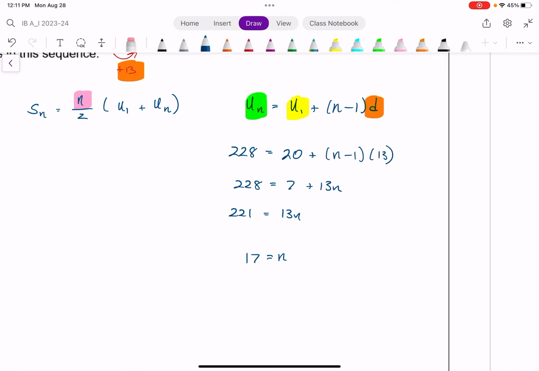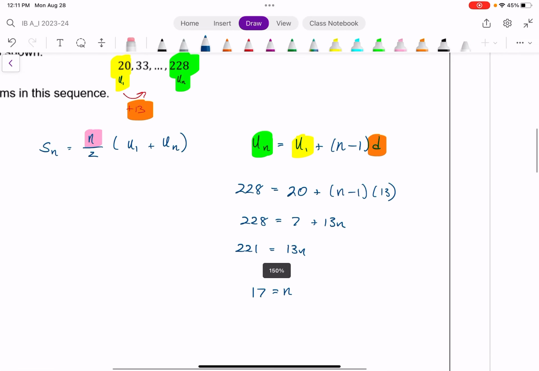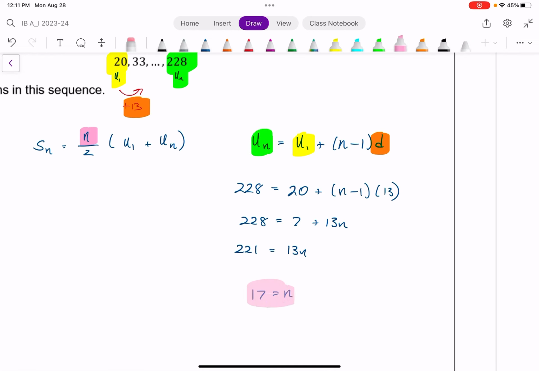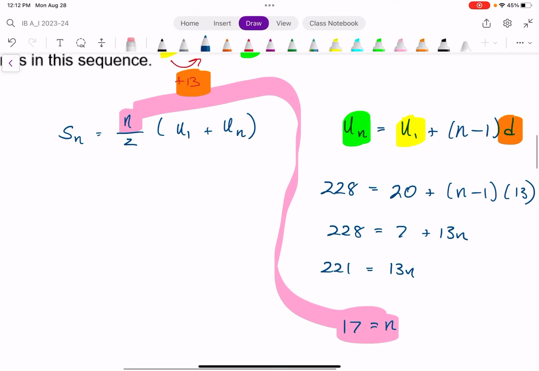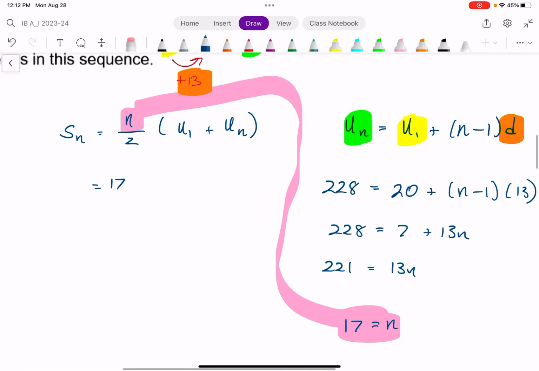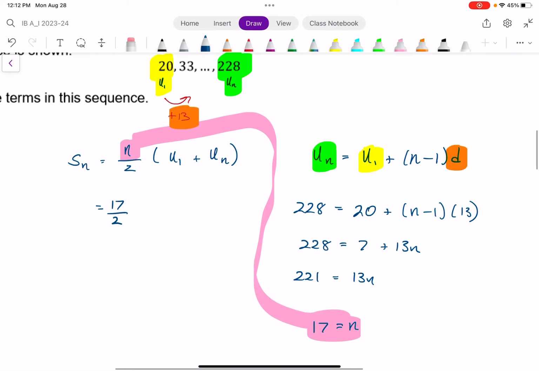So there's 17 terms here. And now, clearly, I can just substitute that back into here, and I'll be done quite shortly. So the total sum, I now know there's 17 terms being added up, and I know the first term all along is 20 plus 228. Do the arithmetic, and you get 2,108.